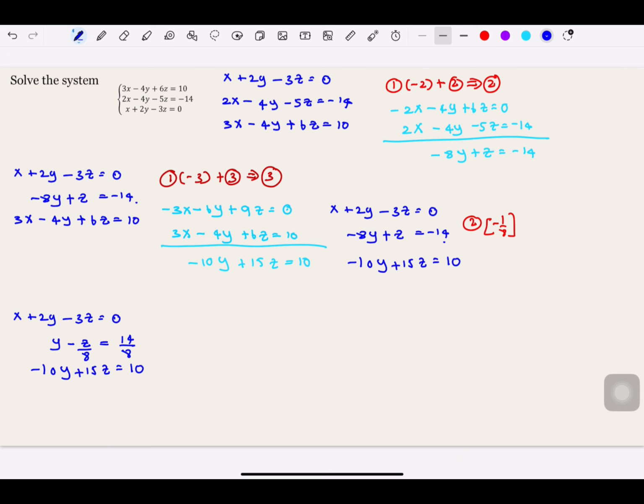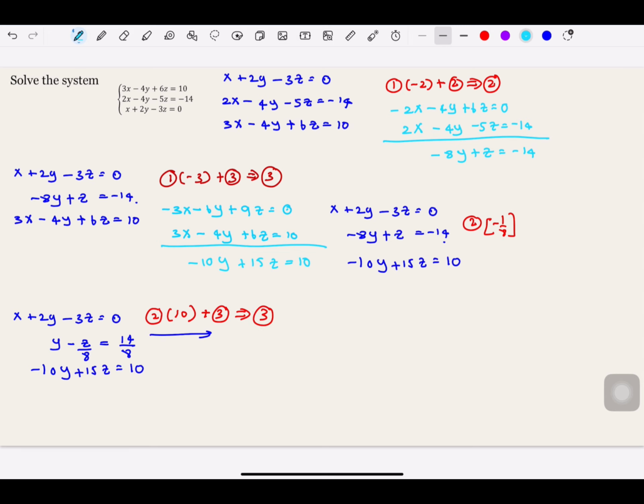Okay, so now you have to get rid of this y variable in the third equation. To do that, you have to multiply the second equation by a positive 10, because you have a negative 10 here. To get rid of that, you need a positive 10. So you have to multiply the second equation by 10 and add it into 3 and replace equation 3 with it.